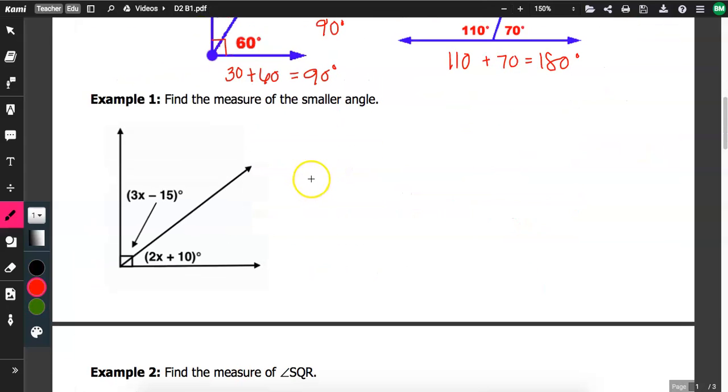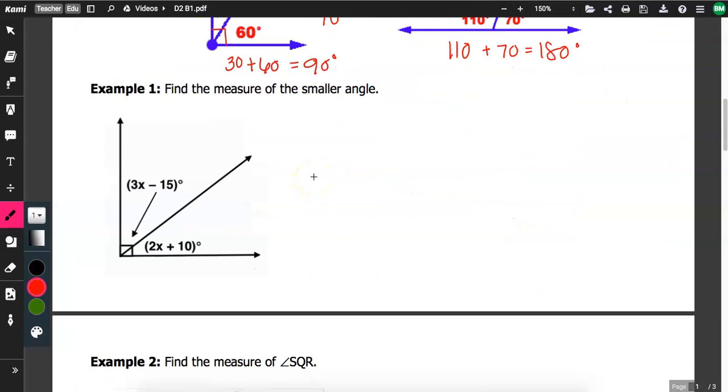So using that knowledge, we'll do some algebra here. We're looking for the measure of the smaller angle in this first example. So that symbol, the little box in the corner, tells me this bigger angle is a right angle, meaning these two guys are complementary. So I know that if I add 3x minus 15 plus 2x plus 10, they should equal 90 degrees.